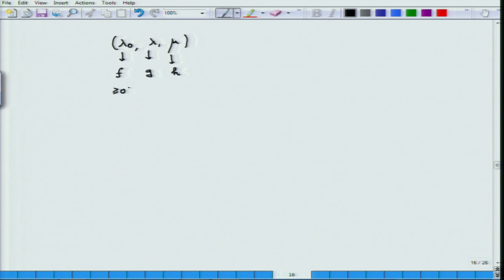This is greater than or equal to 0, this is in R^m_+ and this is in R^k, where k is the number of equality constraints. We were calling this normal if lambda naught is strictly bigger than 0, and abnormal otherwise.